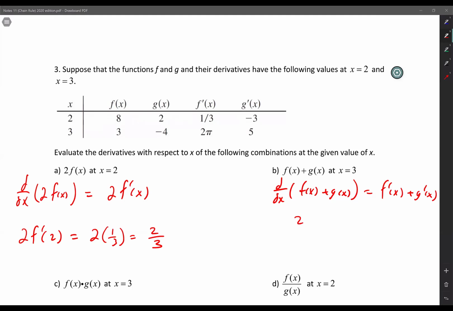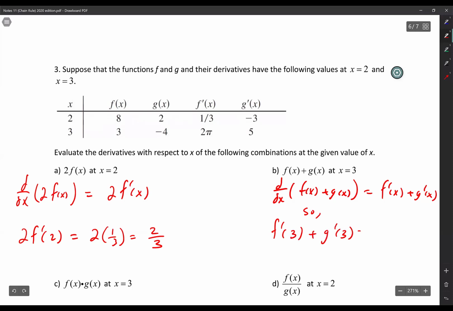So f prime of 3 plus g prime of 3 is equal to 2 pi plus g prime of 3, which is equal to 5. 2 pi plus 5, because the pi kind of sounds like a 5.